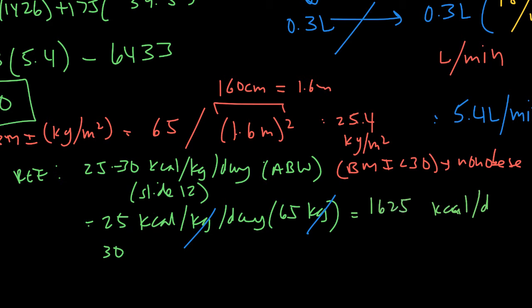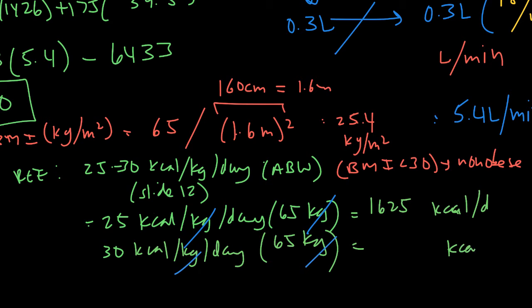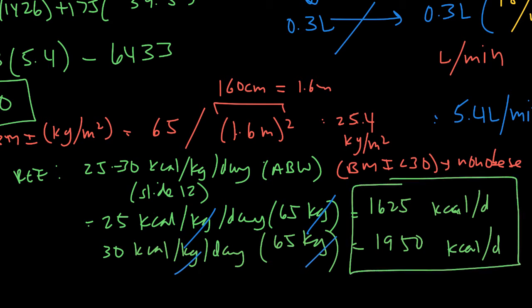Now the higher end, which is 30 kcals per kilogram per day, times 65, weight in kilograms, actual body weight. Units cancel out. Always try to cancel units. Logically go through your units. Cancel with kilograms. That gives you units of kcal per day. That gives you 1950. Cool, that answers the question. So she needs between 1625 kcal per day and 1950 kcal per day.